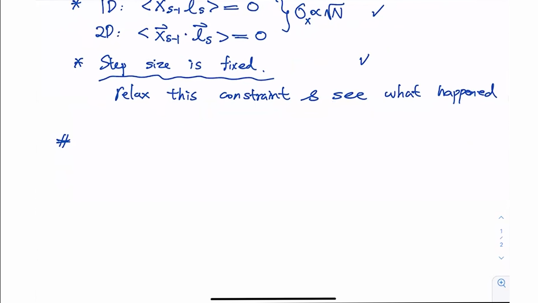So let's use the variable r to denote the case where the random step size can change its magnitude. Okay, so let me write down the microscopic condition for our system.